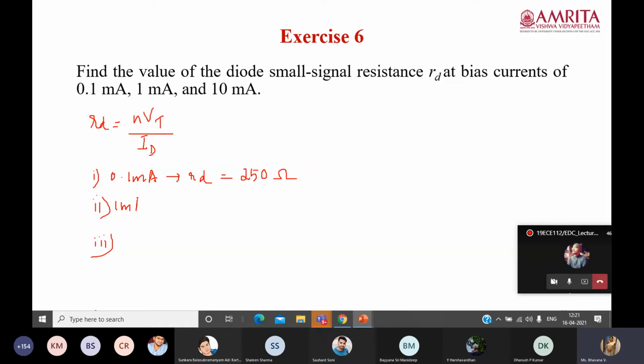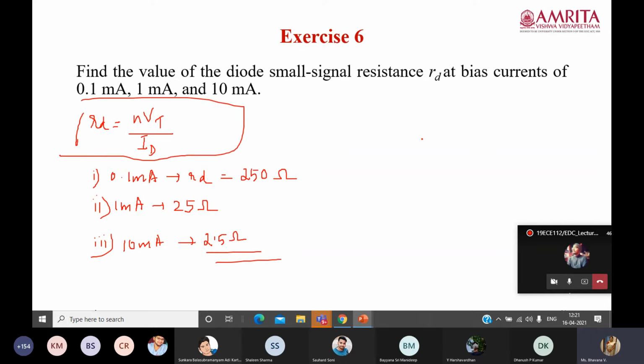ID 1 milliampere: 25 ohms. ID 10 milliamperes: 2.5 ohms. So this is a very simple question with respect to the simple equation rd is equal to nVT by ID.